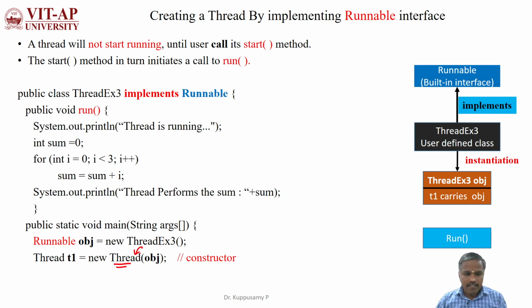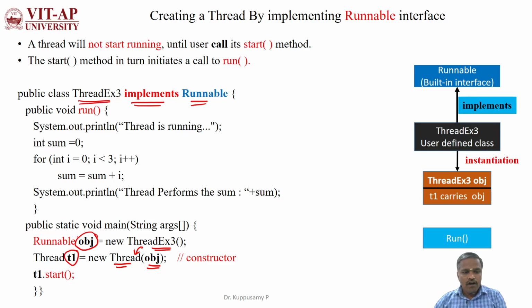This constructor carries the obj defined by the ThreadEx3 class, which has the facilities of the thread concept because it implements the Runnable interface. Once I instantiate, I have the thread t1 with access to obj, and obj has access to ThreadEx3.